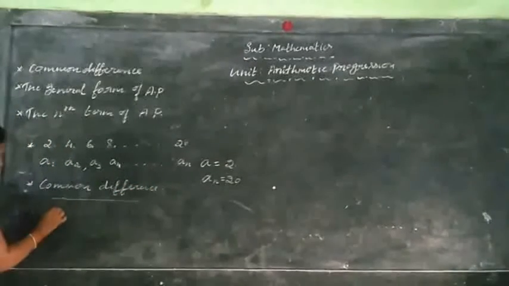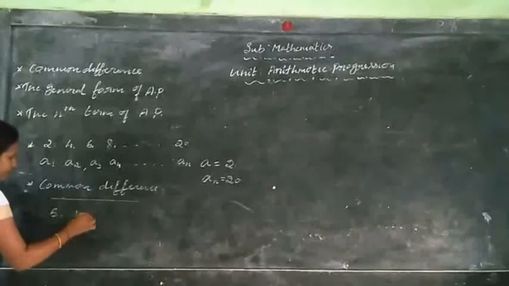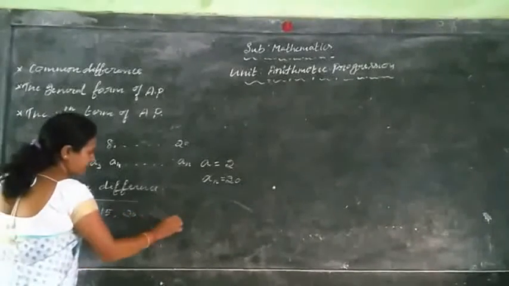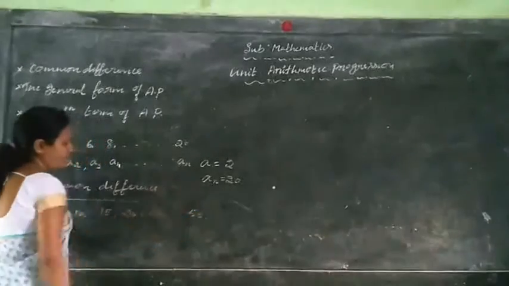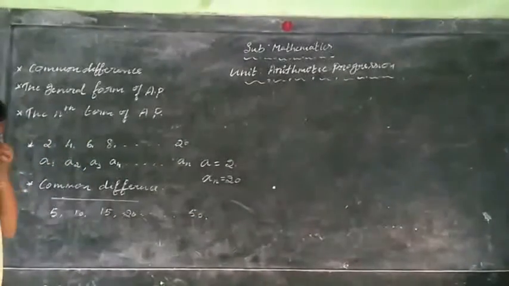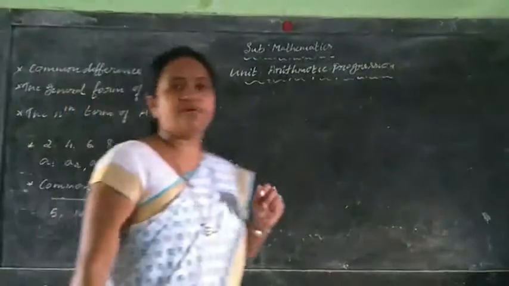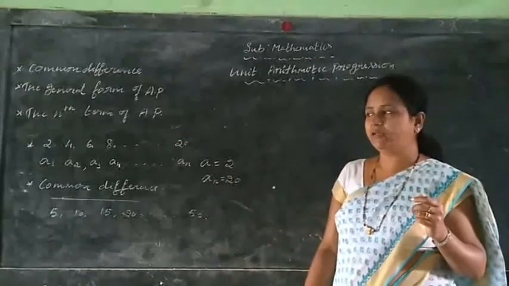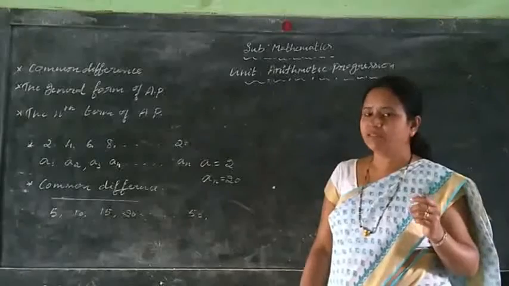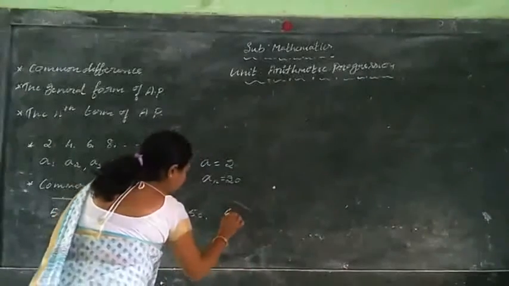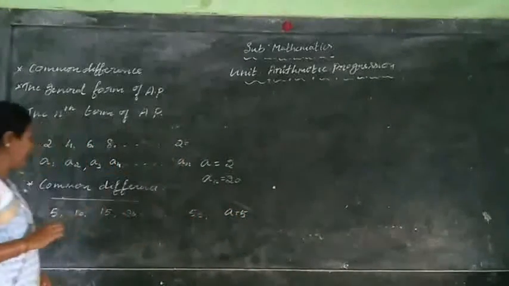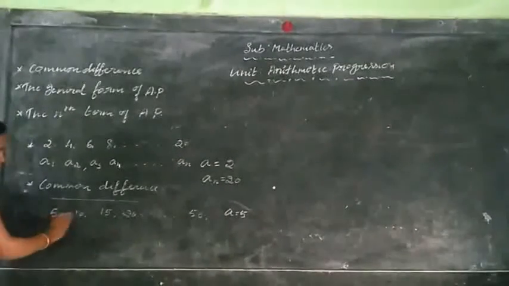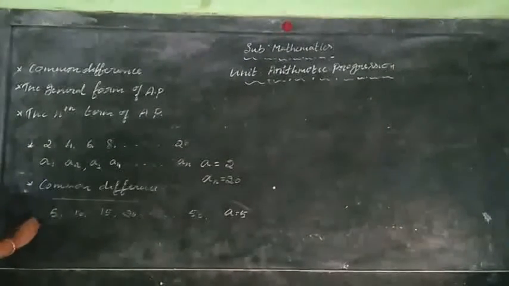See the example. 5, 10, 15, 20, we take the last one as 15. So, see this example. Here which is the first term? 5 is the first term. Second term is 10. So, we denote the first term by A. Here A is equal to 5, children. And just see carefully. What is the difference between the first and the second term?